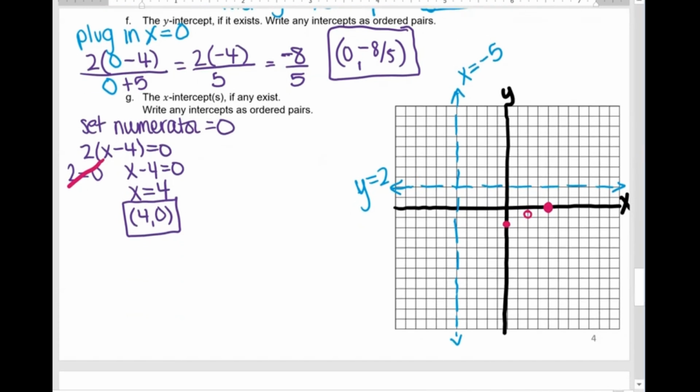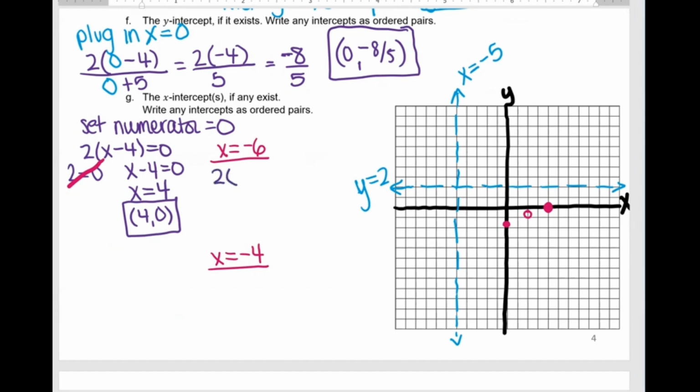Now that we have plotted all of our intercepts and our asymptotes, we can find some additional ordered pairs. We go on either side of our vertical asymptotes. So vertical asymptote of x equal to -5, we need to find out what's happening at x equal to -6. And then to the right would be x equal to -4. And then if we need to plug in more points, we will. Remember, we're going into the simplified version.